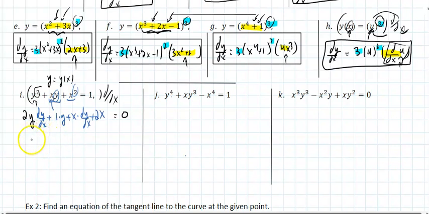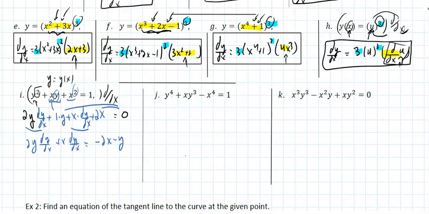I'm going to do this a different way for you, just to make sure you see it. Since I want dy/dx, leave everything with dy/dx on one side, and move everything else to the other side. So the other side will have a negative 2x and a minus y. And here I'll have 2y dy/dx plus x dy/dx.